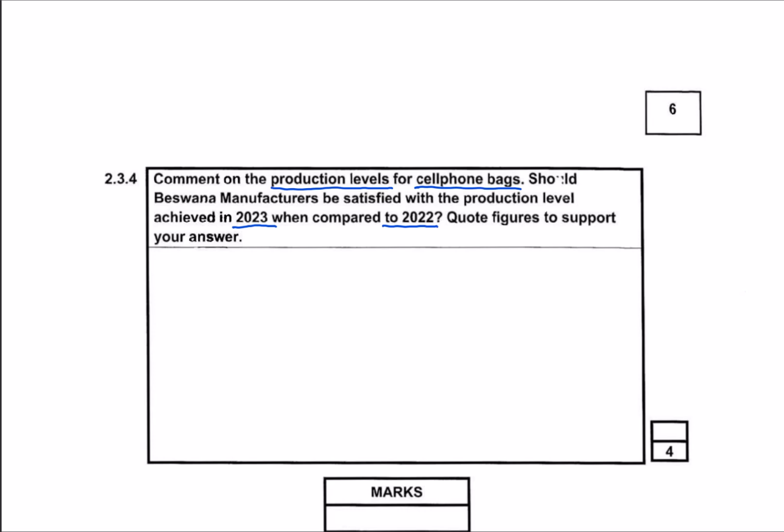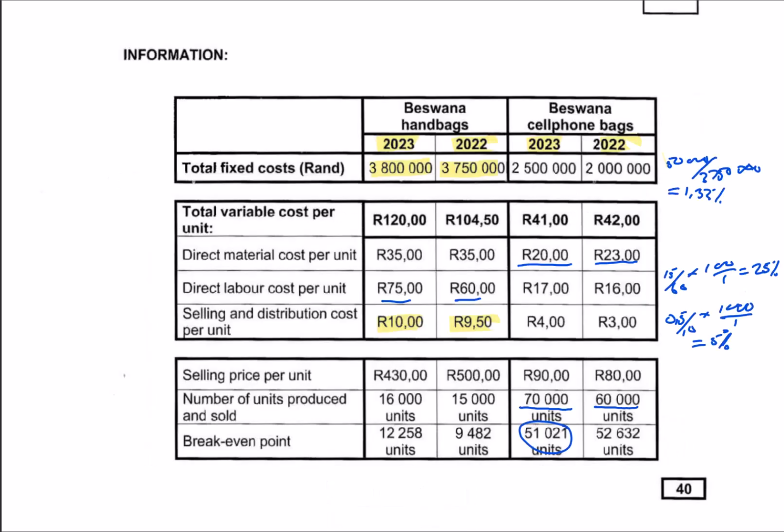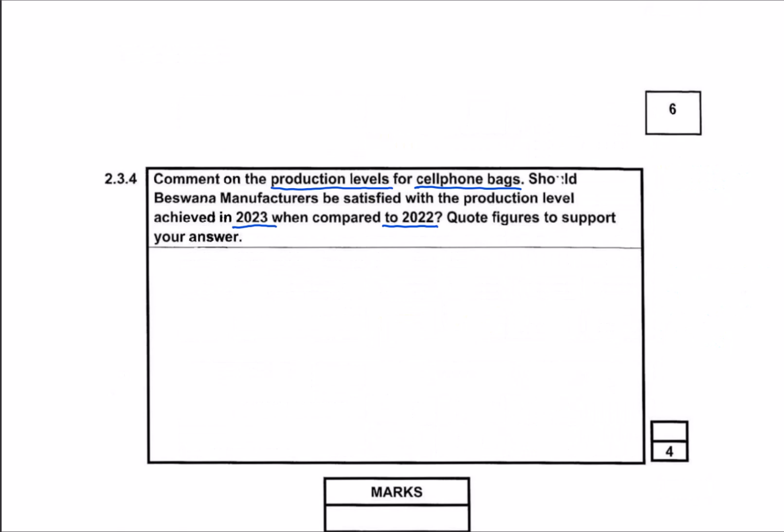The break-even point for the two years was 52,632 for 2022 and 51,021 for 2023. Remember, at break-even point you are neither making profit nor loss. So if you can increase the number of units more above the break-even point, that's better.